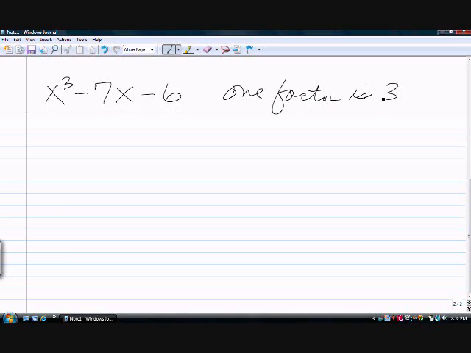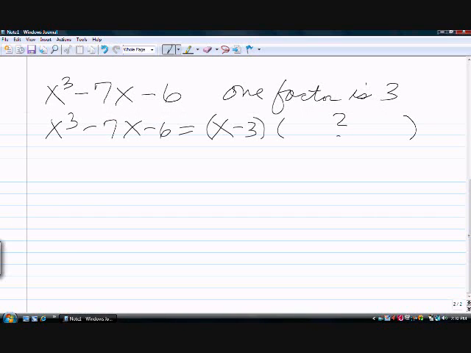Now I want to find the other linear factors, whatever that's going to be. So if one factor is x minus 3, then x cubed minus 7x minus 6 is x minus 3 times something.